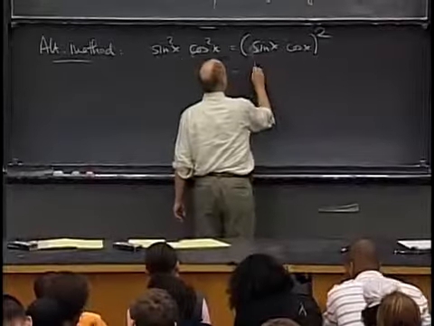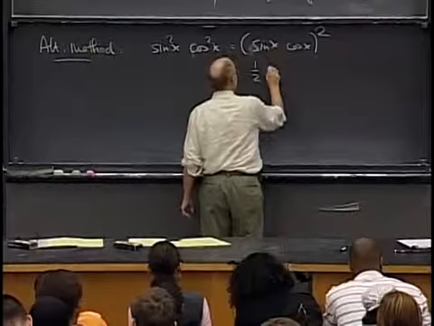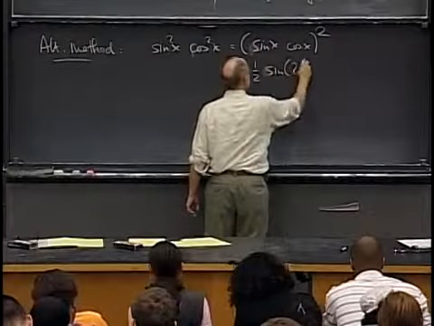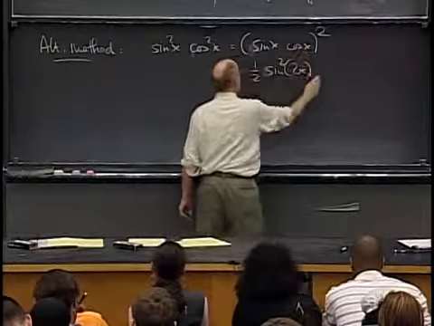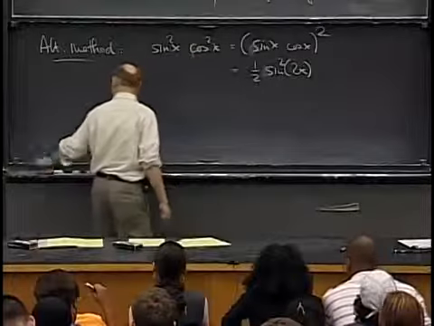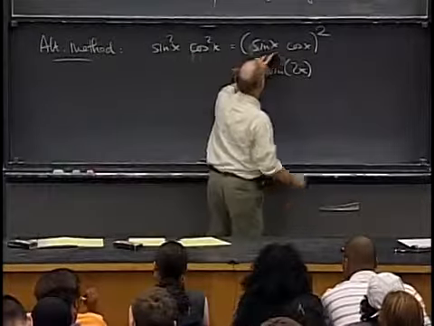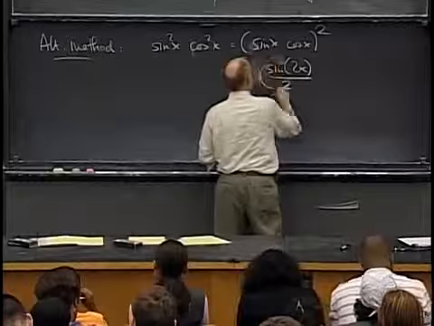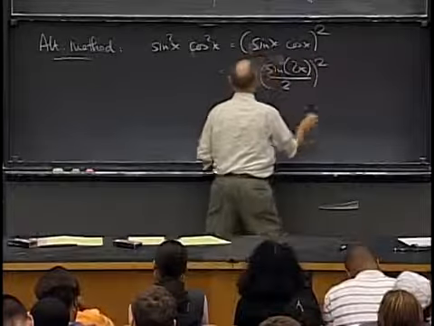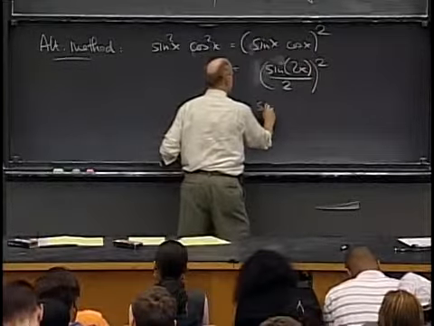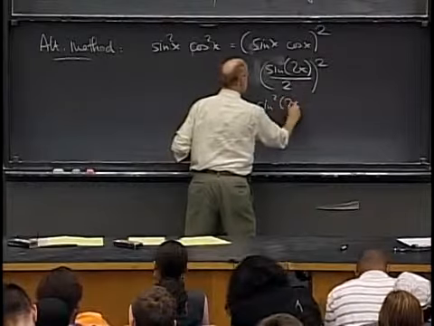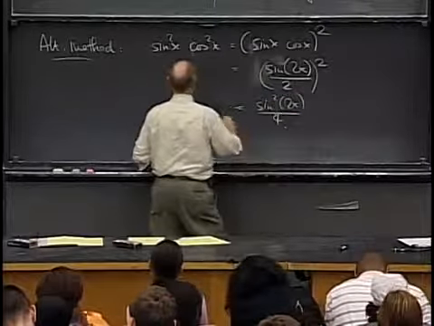This is equal to 1/2 sine of 2x, squared, right? Sine times cosine is sine of 2x over 2, and then I want to square that. So what I get is the sine squared of 2x over 4.